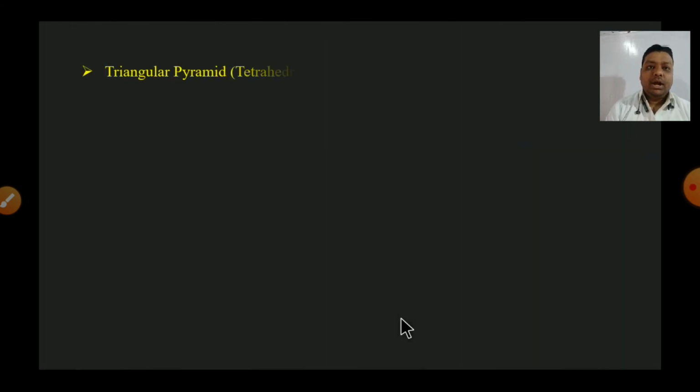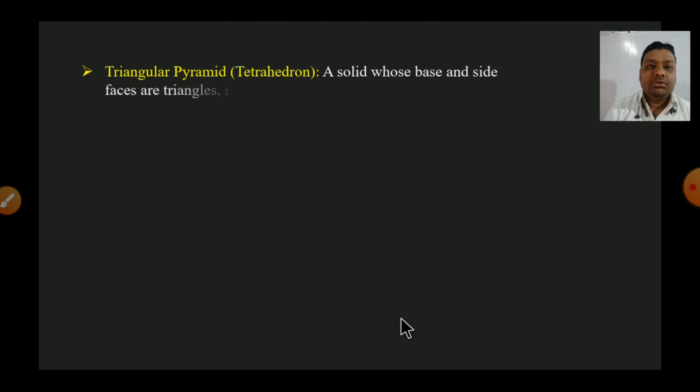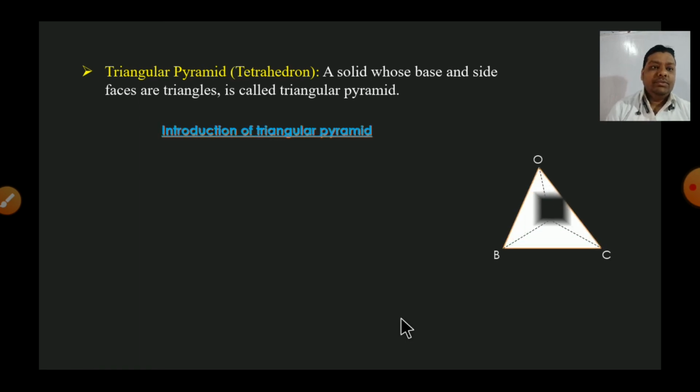Now students, the triangular pyramid. We can also call it a tetrahedron. A solid whose base and side faces are all triangles is called a triangular pyramid. You can see here, this is the triangular pyramid. This A looks like it is inside of this triangle, but no, it is above. If we draw a triangular base OBC and it touches at O, then it will be BA, CA and OA.